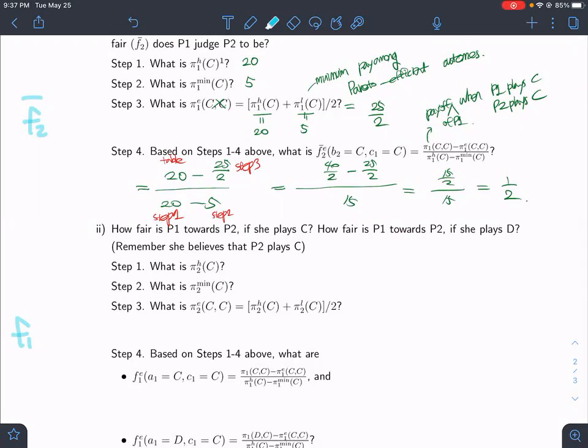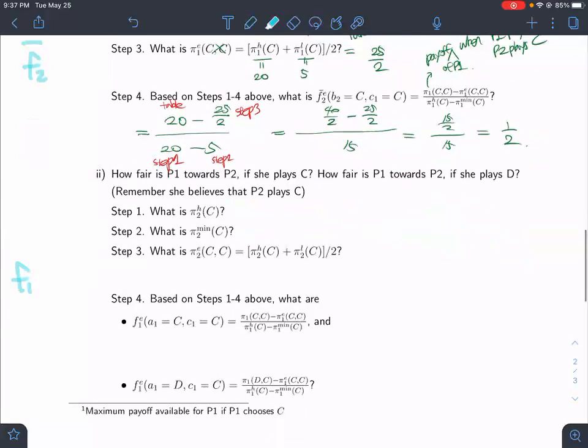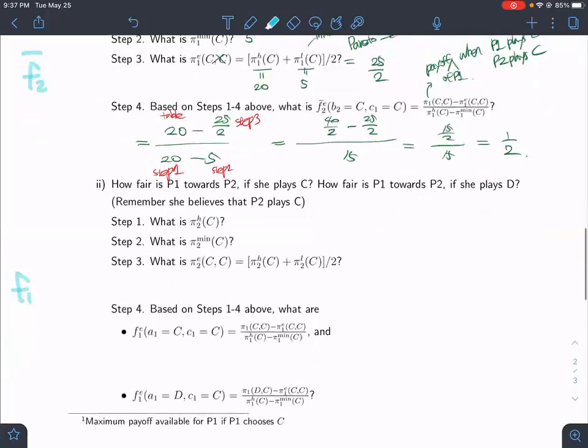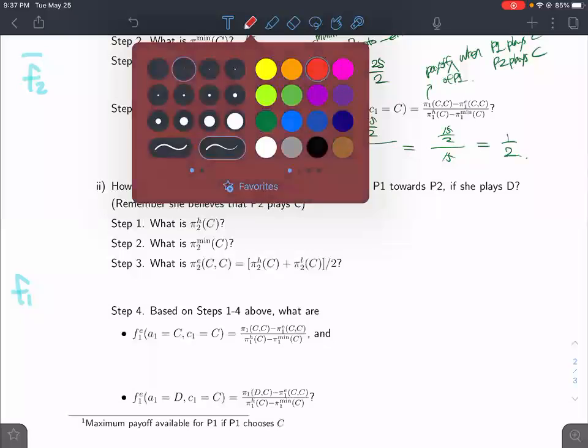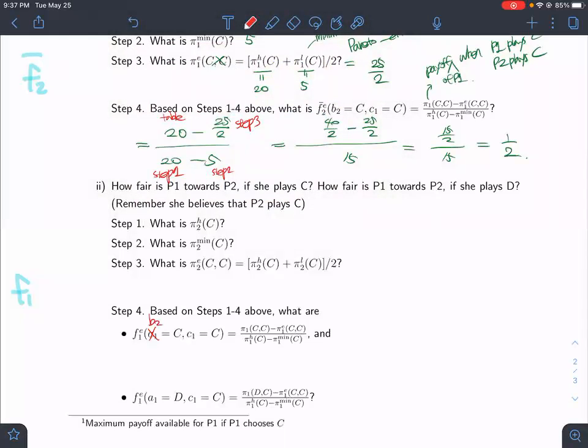To evaluate this, we need to think about the second order belief and player two's actions, which means there's a typo. This should be B2. So we need one action from my opponent, B2, and the second order belief of my opponent, which is C1.